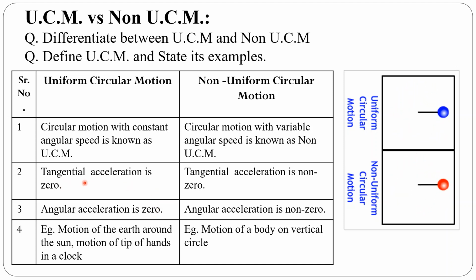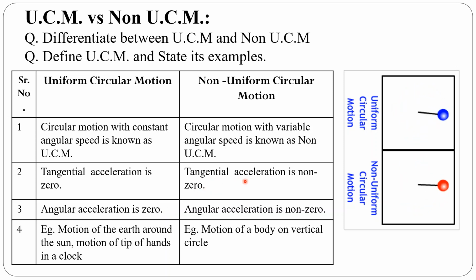And we know the relation between tangential acceleration and angular acceleration is AT bar equals alpha bar cross R bar. As alpha tends to 0, tangential acceleration is also 0.